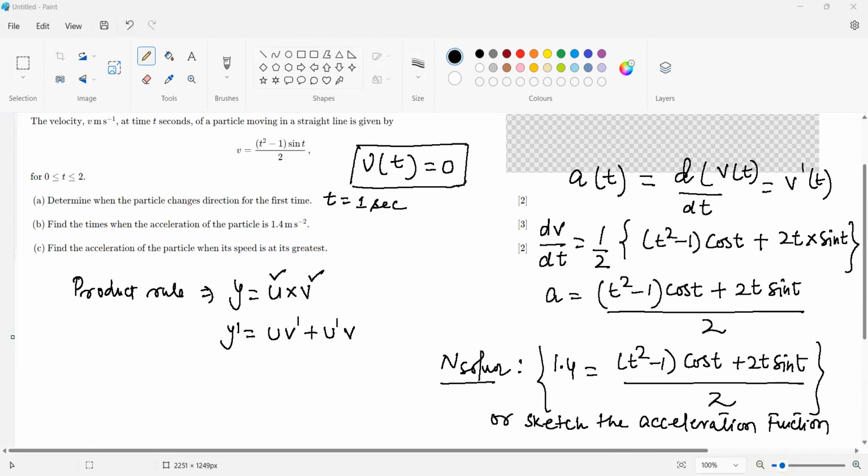Next function is 1.4, y is equal to 1.4.